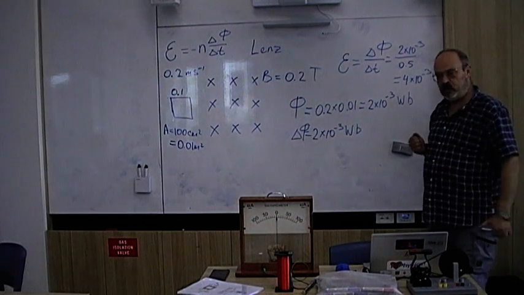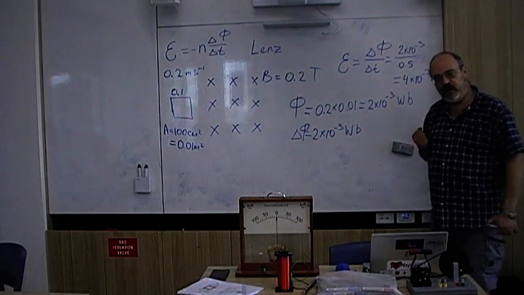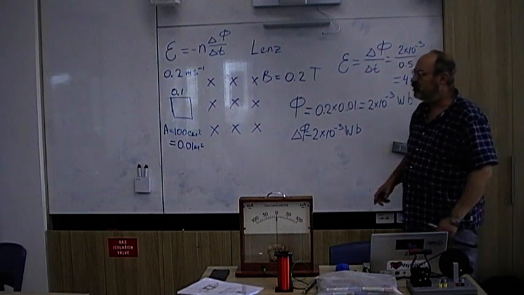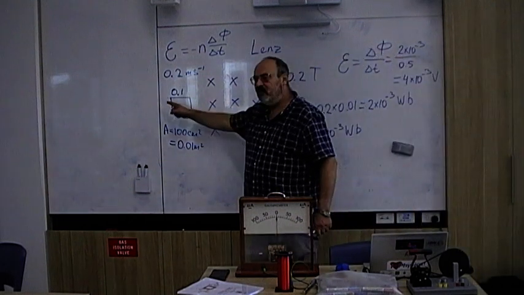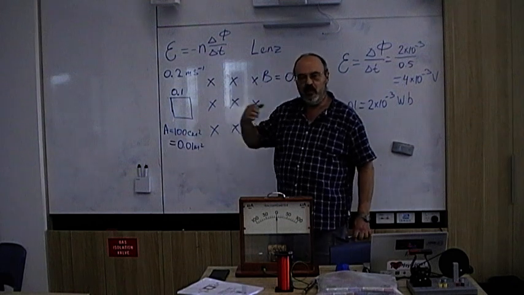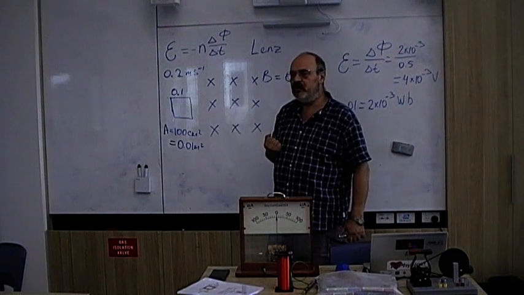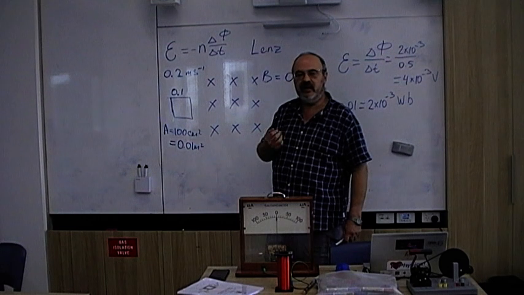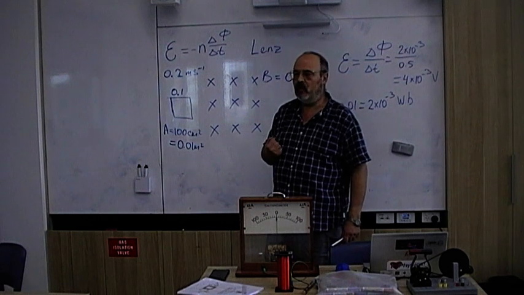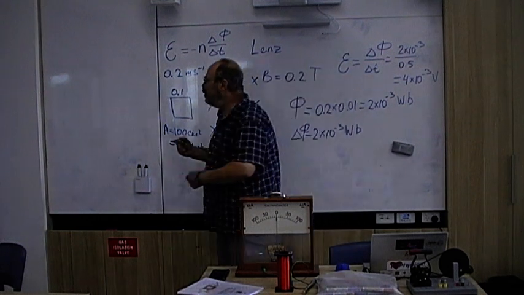So that's the magnitude. Now the question is, in which direction will current flow in this coil while we're moving it in? And that's when we apply Lenz's law, and here are the steps that you must follow.